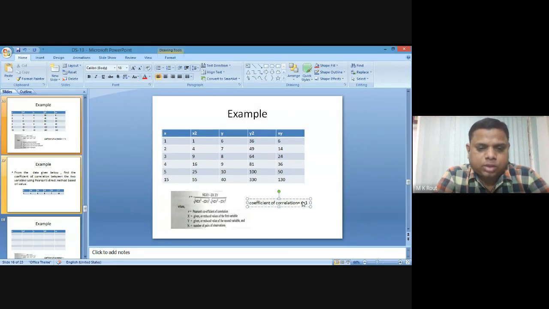Then for the bottom, square root of n is 5, and summation of x square, that is 55, minus sum of x, 15, whole square, into square root of 5 into summation of y square, 330, minus sum of y, 40, whole square. If you simplify this formula, you get 1. Is it clear to all? Yes, sir.